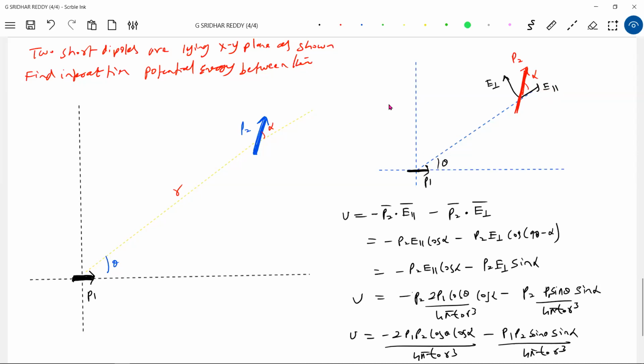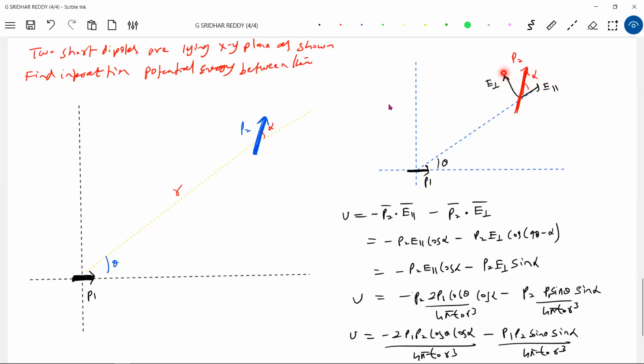I agree with this approach. Can we calculate the force of interaction? Differentiating this, we'll get only the magnitude, not the direction. Due to the component P2 cos alpha, you'll get the X component of force.